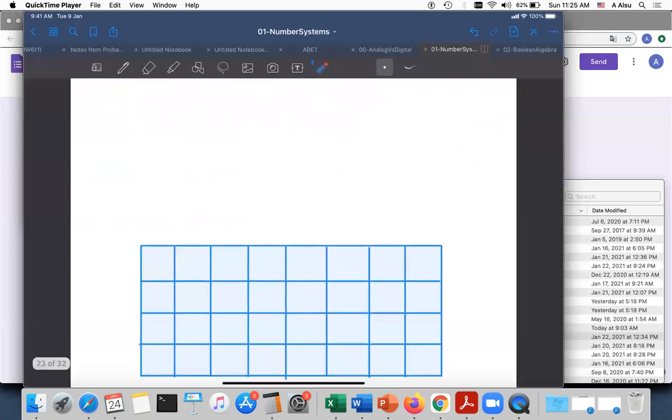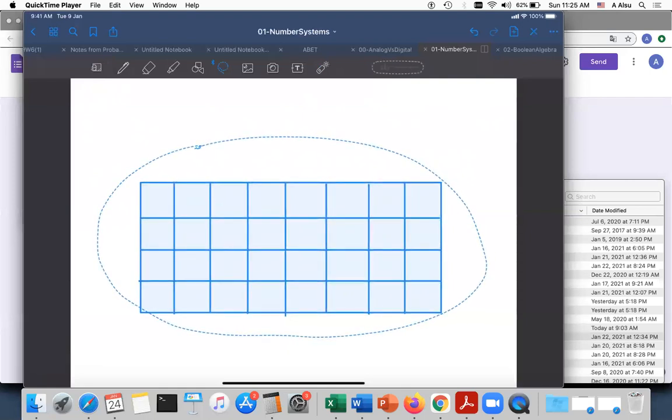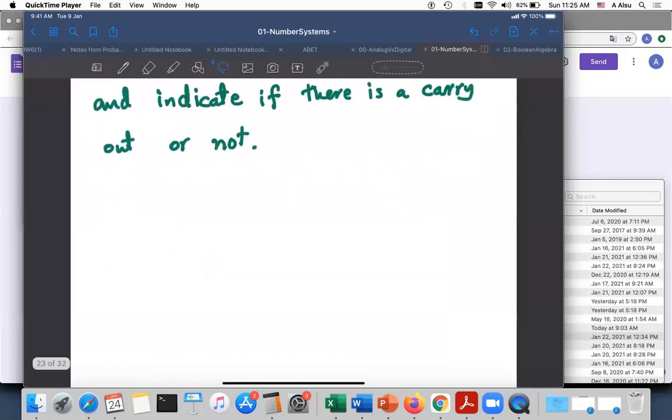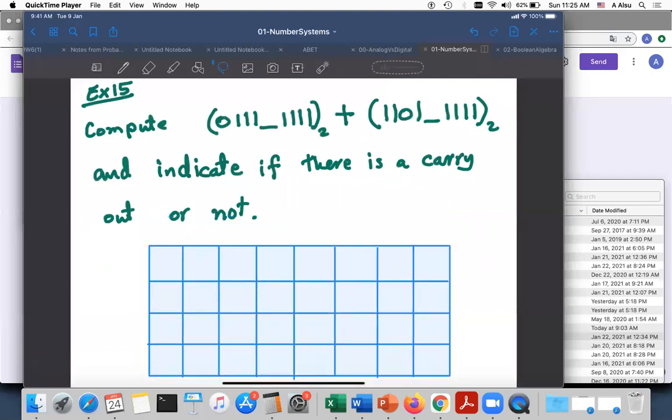So let me bring this table up. You know what, let me just copy it, paste it. All right, so this is going to be the row for the carries, first number, second number, and the sum. Okay, so let's copy the first number.